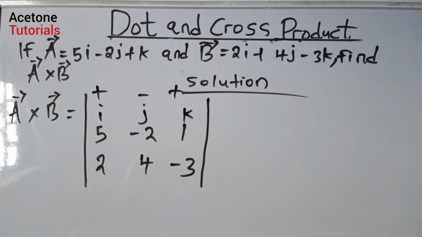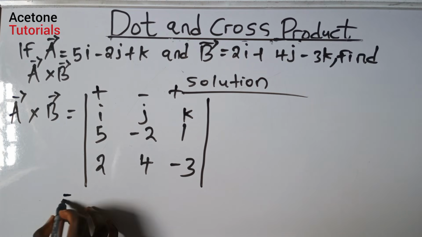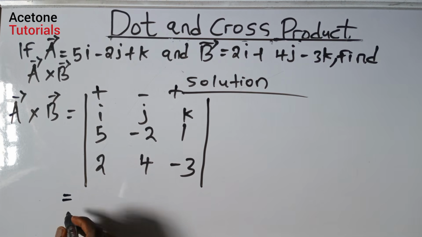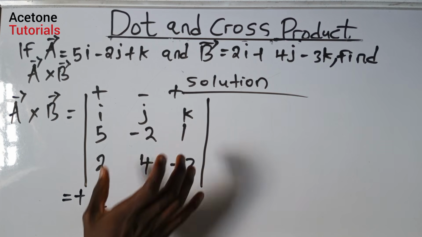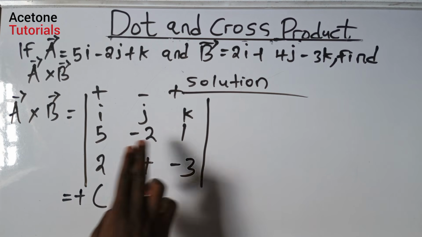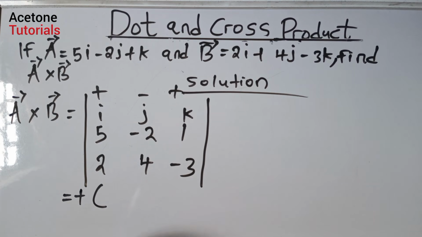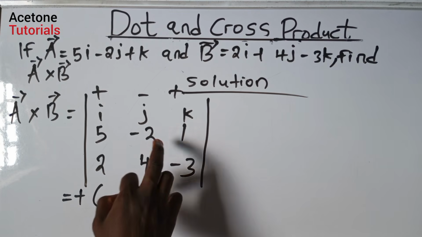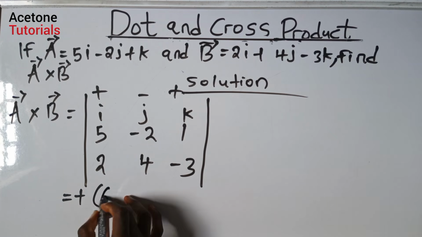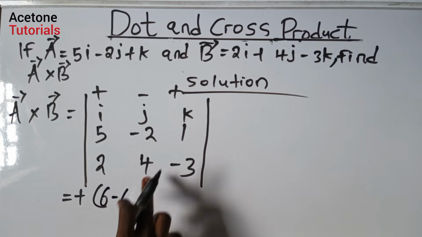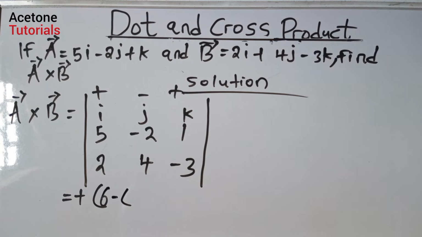Now, let us do it. For the I component, plus, in bracket, ignore what is under I. Then find the determinant of this: minus 2, 1, 4, minus 3. So minus 2 times minus 3 is 6. Minus 4 times 1 is 4.